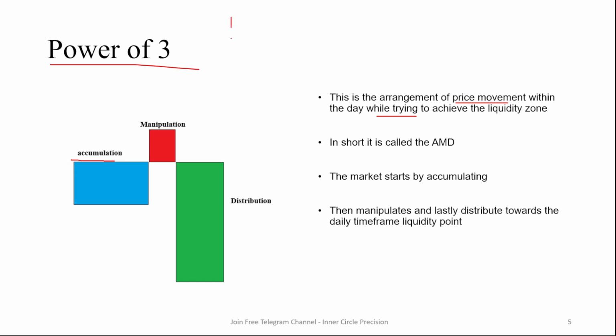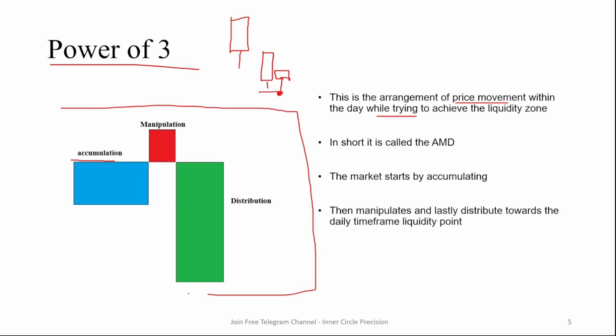We've seen that whenever a candle breaks this low, right, we expect the next candle to break this low, right? So whilst this candle is going to break or violate this low, we are expecting that move to be issued in this particular arrangement, whereby the smaller time frame, the M15 time frame, will be issuing an accumulation, a manipulation, and a distribution.